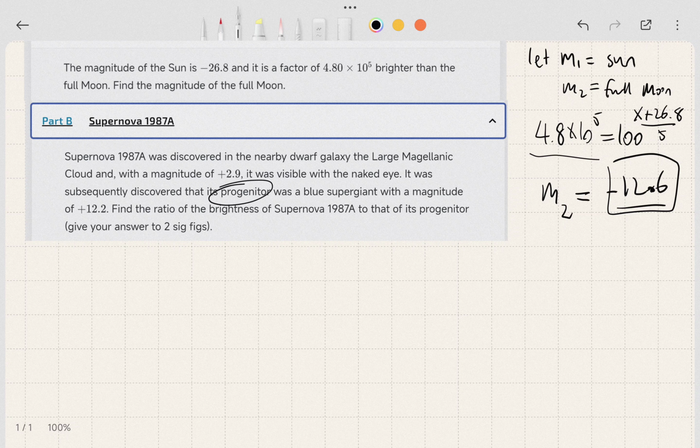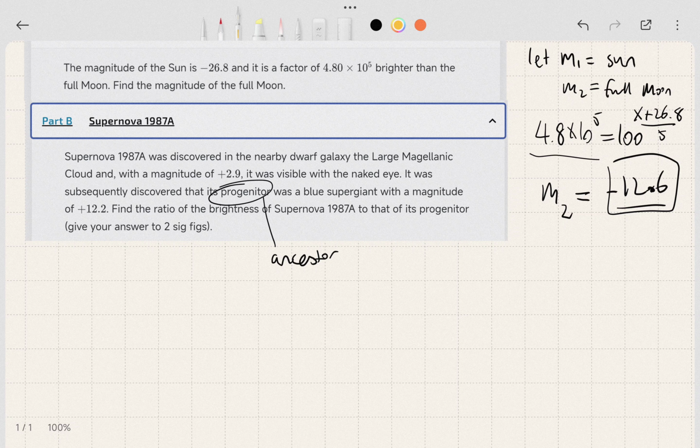So, Google progenitor. Progenitor means a person or thing from which a person, animal, or plant is descended. An ancestor. So progenitor means ancestor in this case.